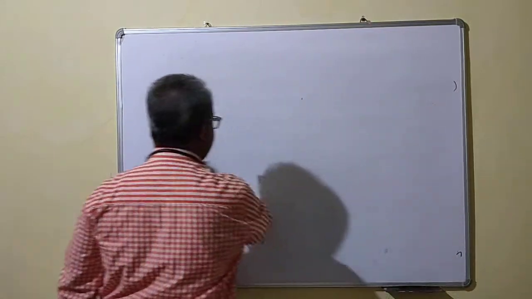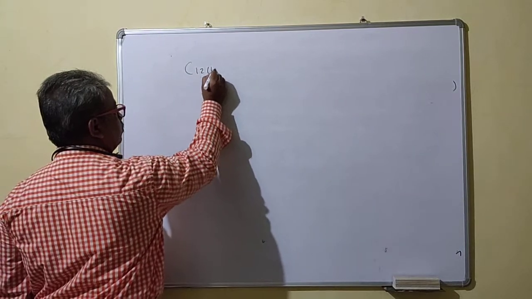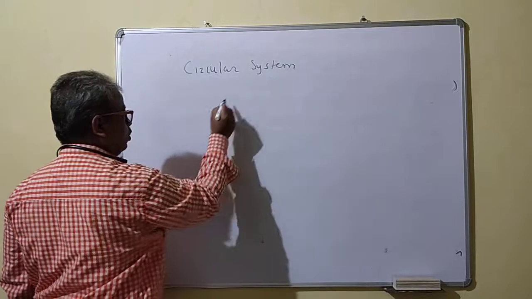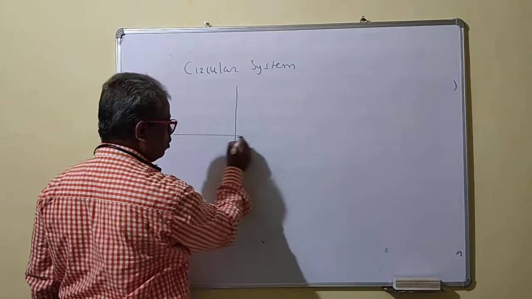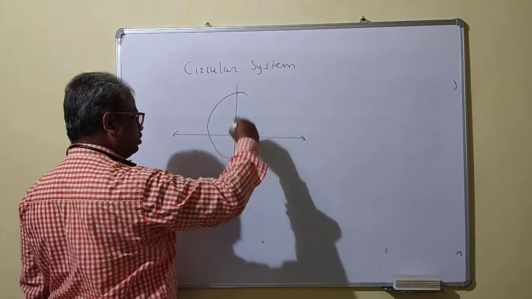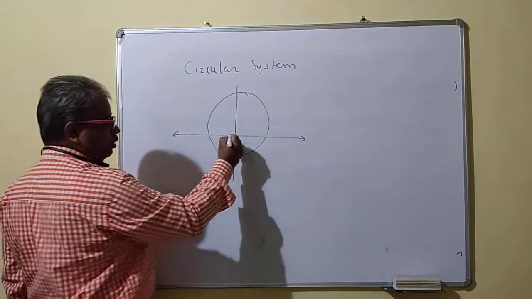So what do you mean by circular system? For the circular system, suppose this is a circle, whatever the radius.